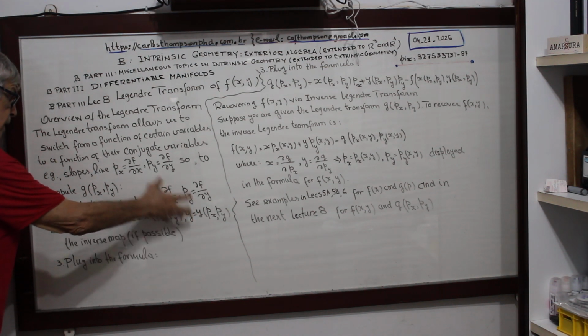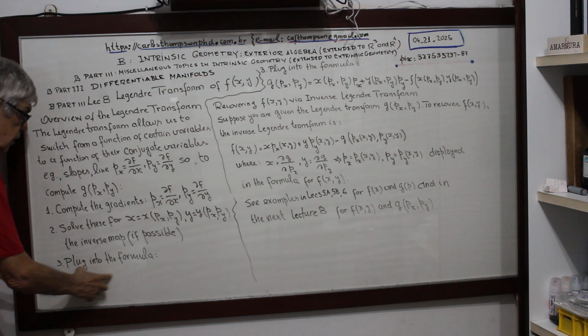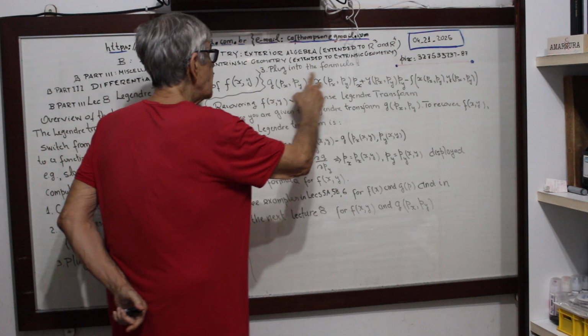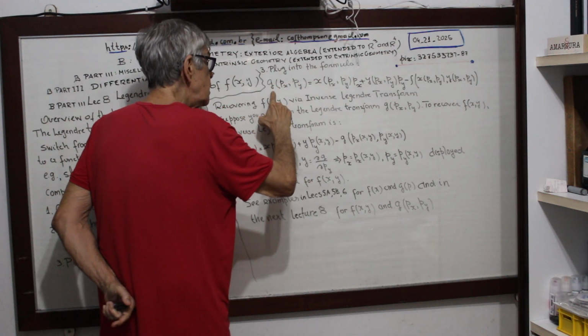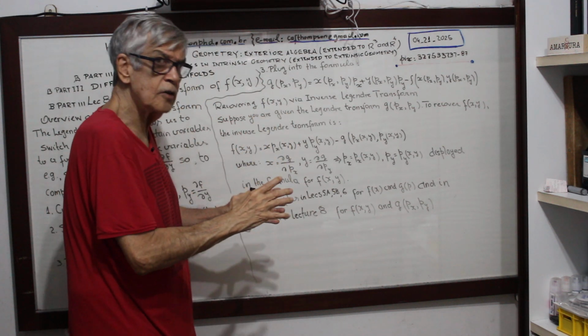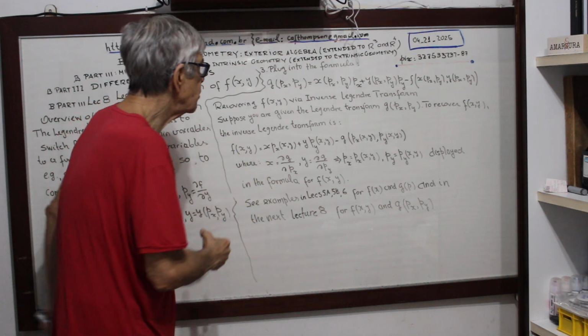When we obtain all these, you just plug into this formula over here. So, plug into this formula is item 3. G, attention now, G is the Lagrange transform of f, the conjugate.